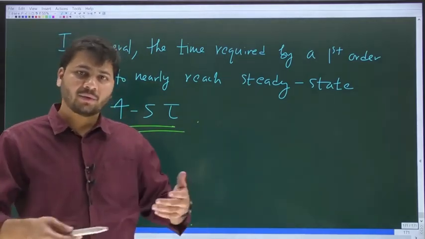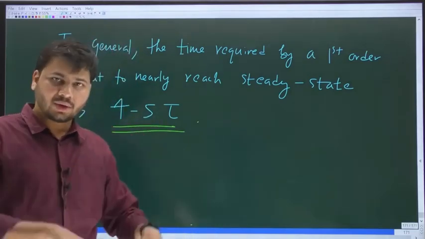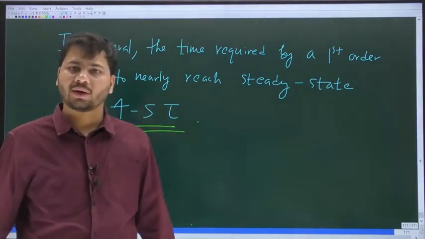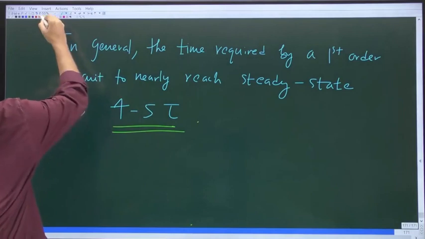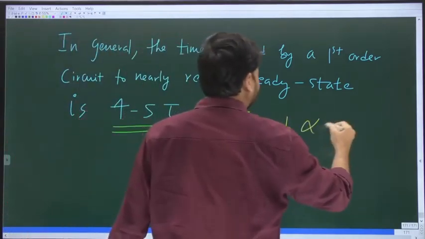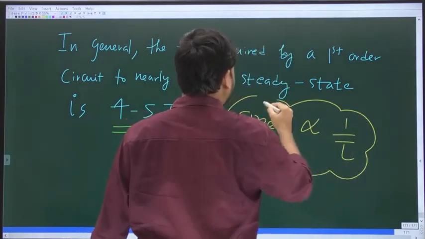Small time constant, within no time it reaches steady state, and the circuit is said to be fast. So tau small, circuit is high speed, and tau large, circuit is slow. So always, speed is inversely proportional to the time constant.